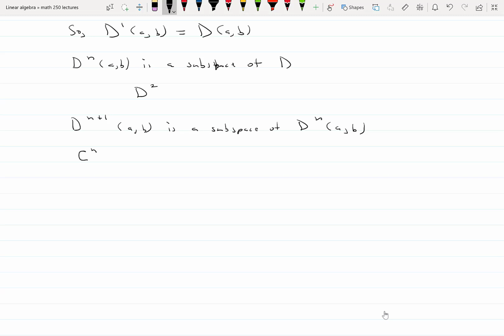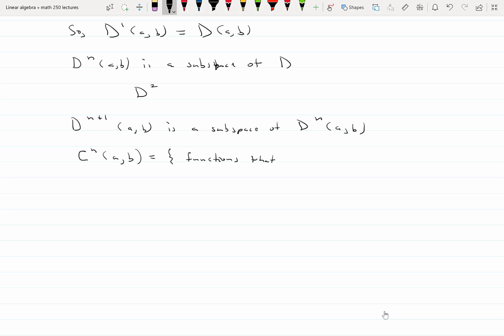Now, Cn, again, don't get too lost in all this notation. This side trip into special subspaces is not that important. They're common subspaces we're going to be using, but it's not essential that we obsess too much about them right now. C sub n is the set of all functions that have a continuous nth derivative.